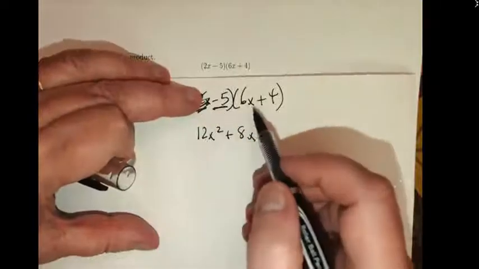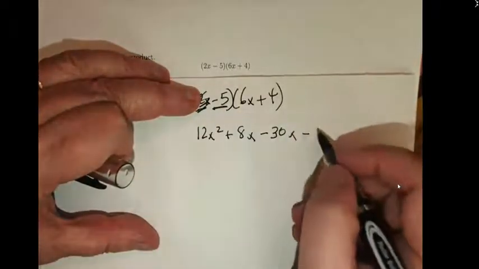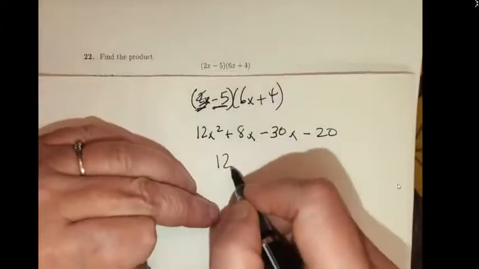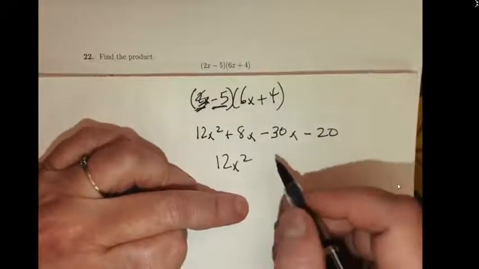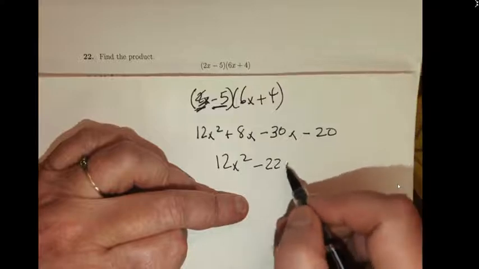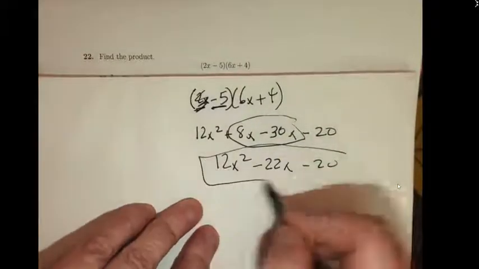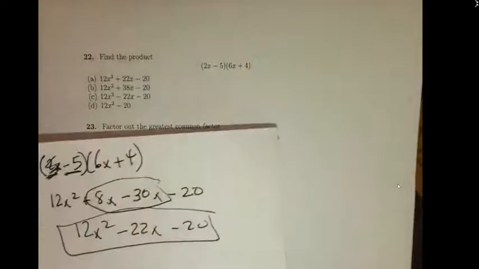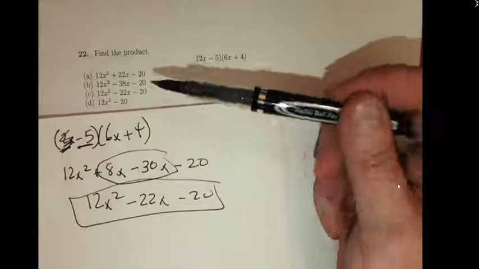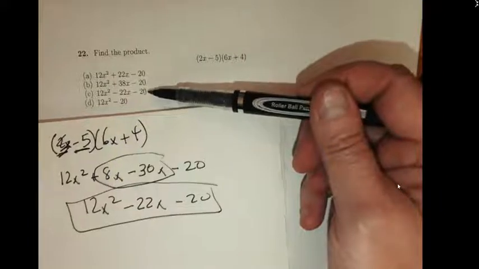Then I have negative 5 times 6x, which is minus 30x, and negative 5 times 4, which is minus 20. And 8 minus 30 is negative 22, so I'm going to get a minus 22x there, and then minus 20. So that's the answer that I'm looking for. So 12x squared minus 22x minus 20. Okay, that's the one I've got.